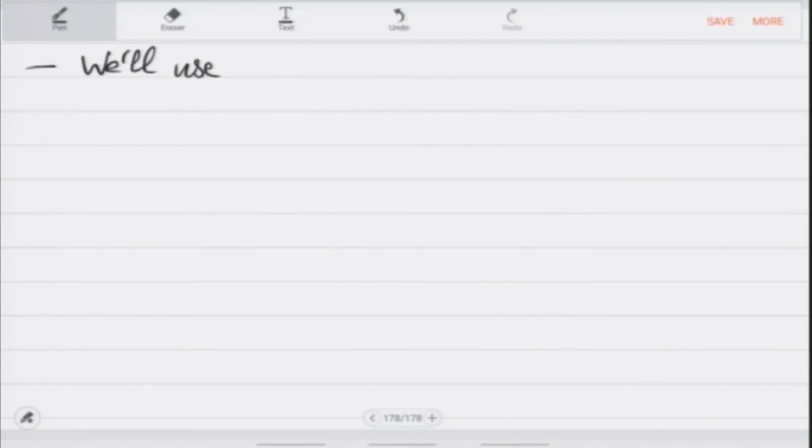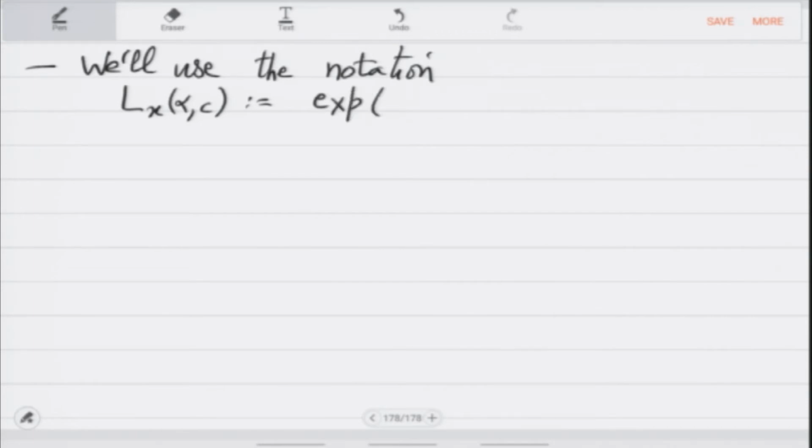We'll use the notation L_x[alpha, c] to denote this: exponential in c times log to the alpha x, log log x to the 1 minus alpha.